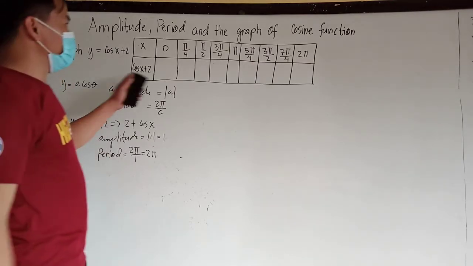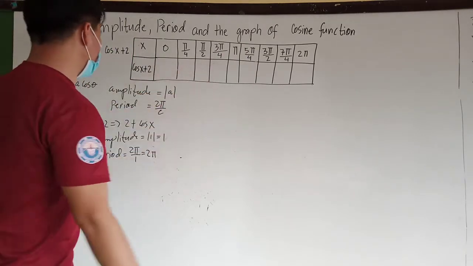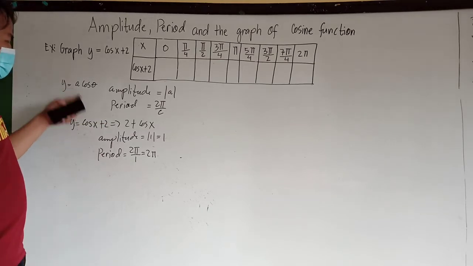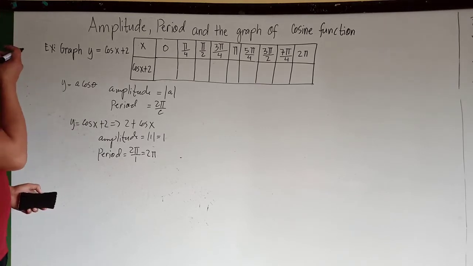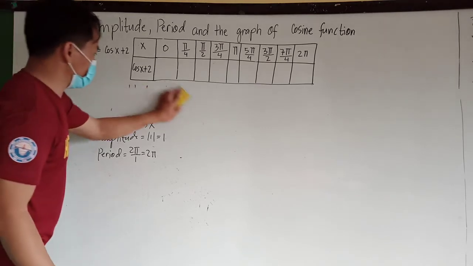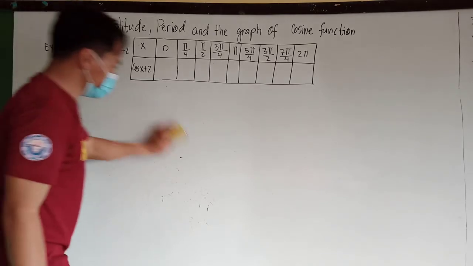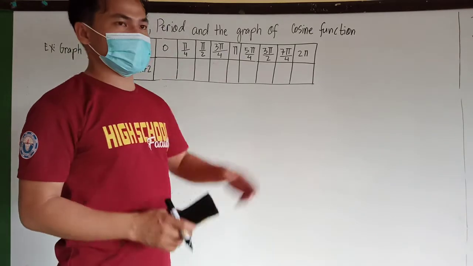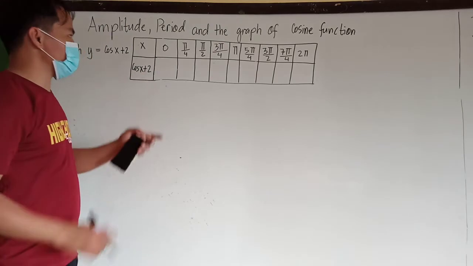So let us proceed now to graphing this cosine function using this table of values. We are done identifying its amplitude and the period. This is just the concept on how to identify the amplitude and period. We have here a table of values, and we will complete it by filling in all the unknown values for cos x + 2.